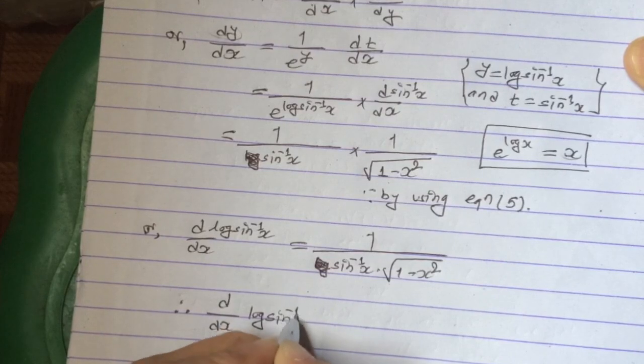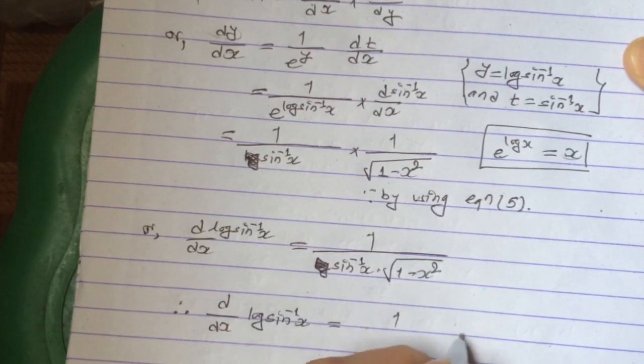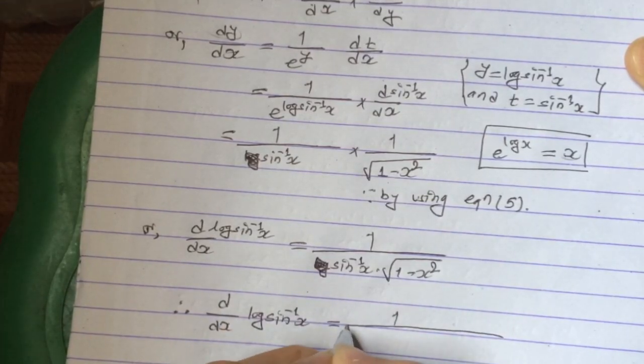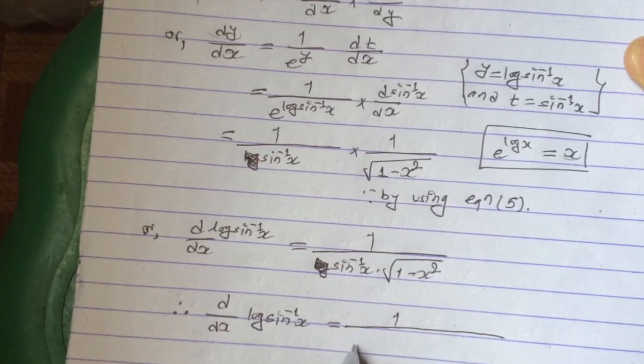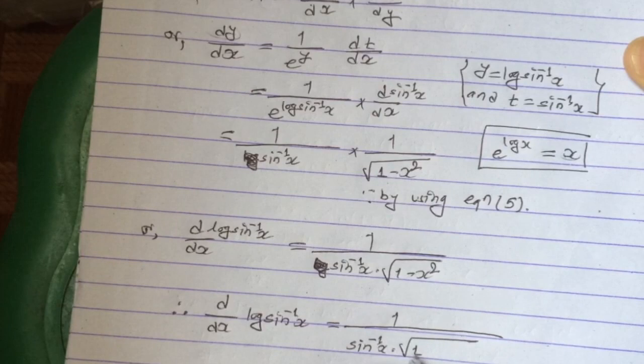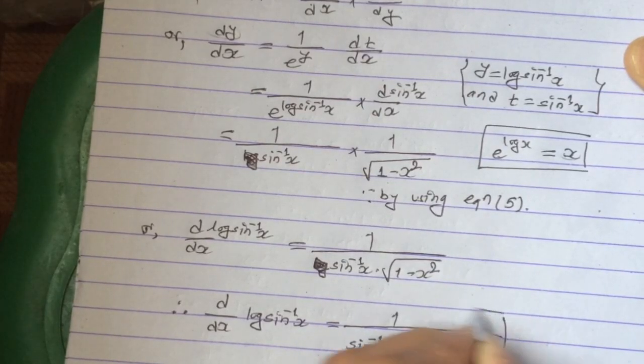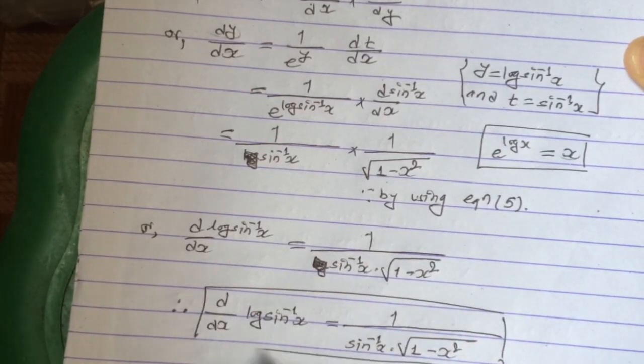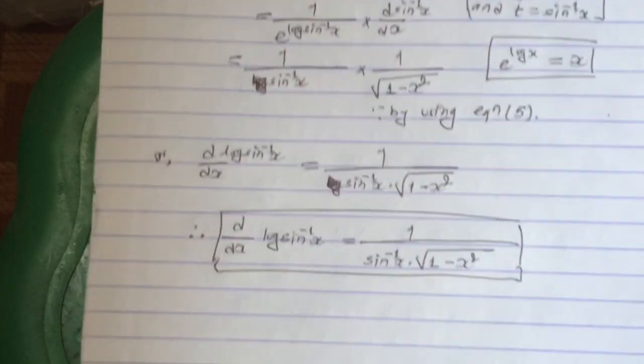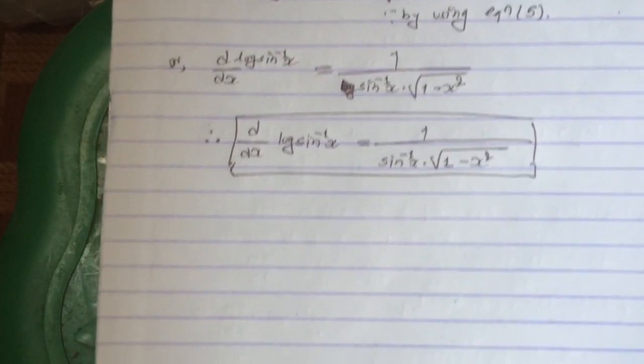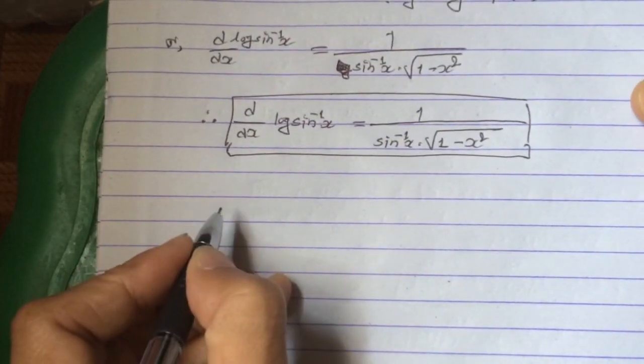So you are left with d by dx log sin inverse x is equal to 1 divided by sin inverse x times root under 1 minus x square. This is the derivative of the given function log of sin inverse x with respect to x from first principle.